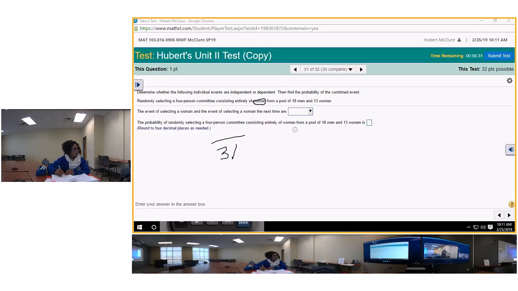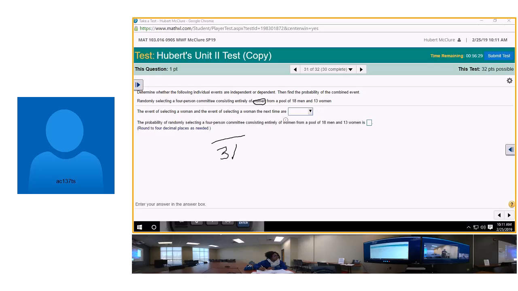Women. So there's 13 women, so that's 13. Can I replace the woman after I pick her? No. Bodies cannot be picked over again. So that'd be 12 over 30, times 11 over 29.